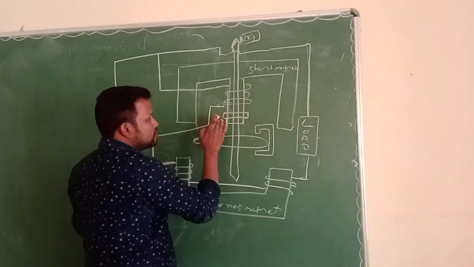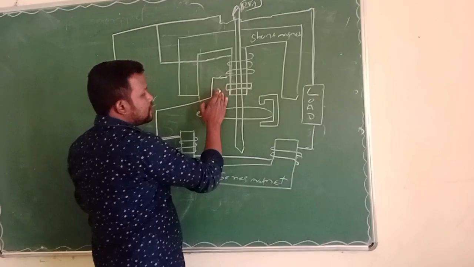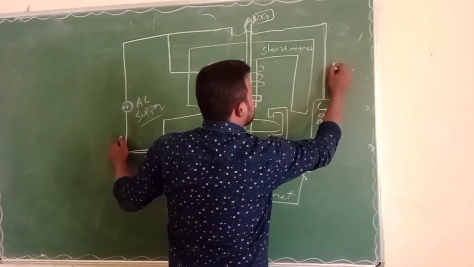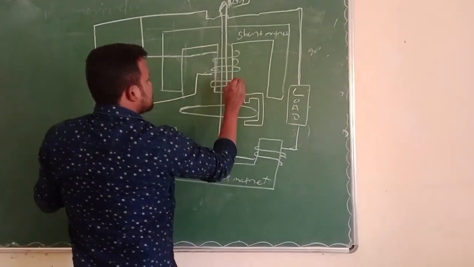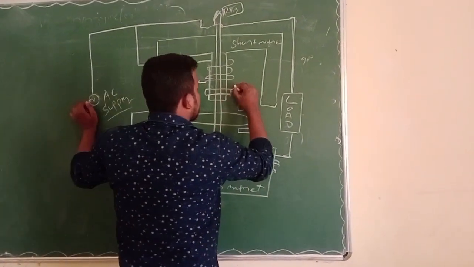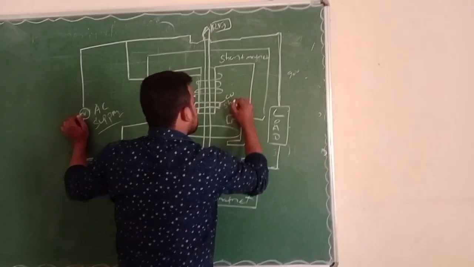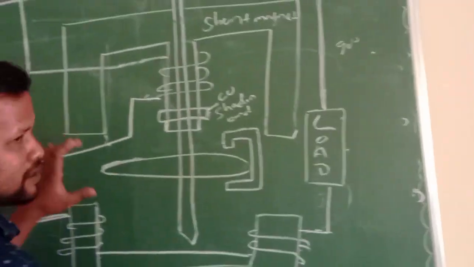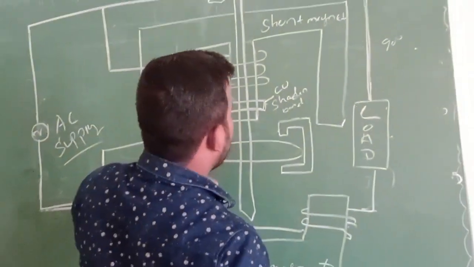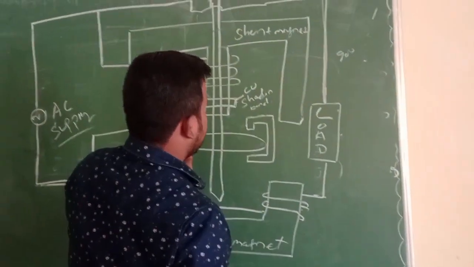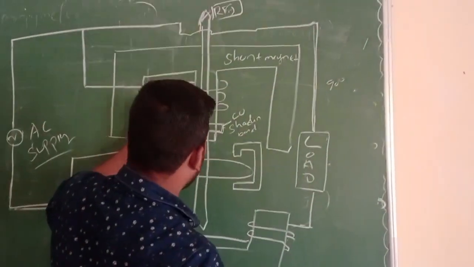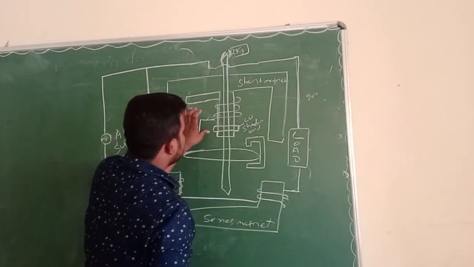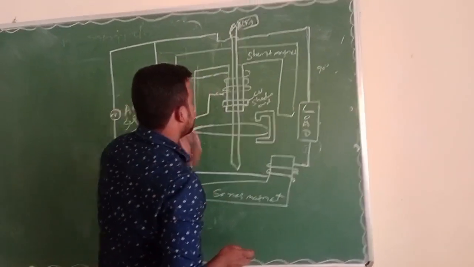It is here because it gives a phase displacement of 90 degrees between voltage and current. This copper shading band gives a phase displacement of 90 degrees between voltage and current. So it makes the shunt magnet more inductive than the series magnet, so we use a copper shading band here.